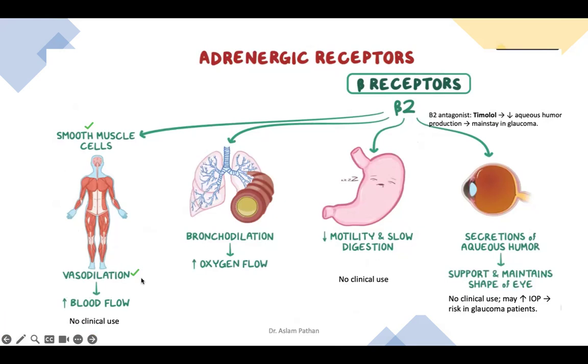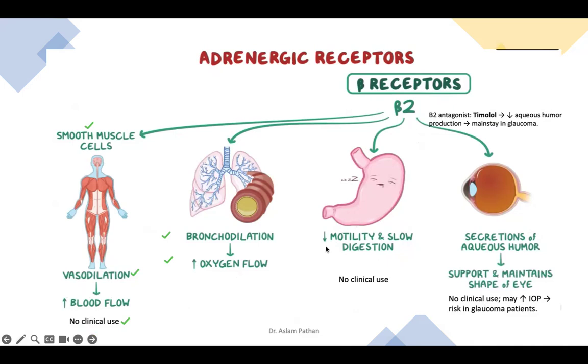This beta 2 activation in the skeletal smooth muscle has no clinical use. It's, we can say, an adverse effect for the beta 2 receptor agonist drugs. Yes, bronchodilation clears the airway and increases the oxygen flow, and we need it in the treatment of asthma, bronchospasm, and COPD.